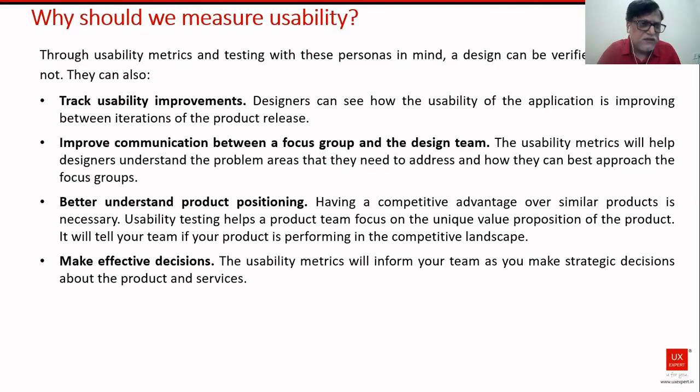That is one reason. Others are improved communication between the focus group and design team, better understanding of the product and its positioning, and making effective decisions. So these are some possible reasons why you need usability metrics at every stage of your product development. You can do this at the prototyping level, at a beta launch, or after launch. At every stage you have to do this analysis.